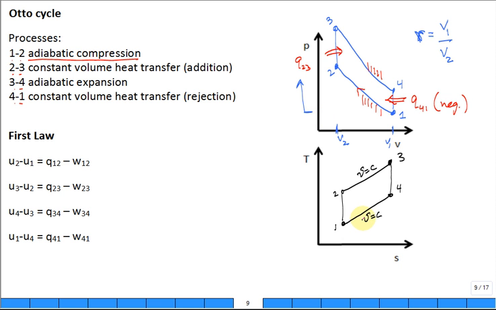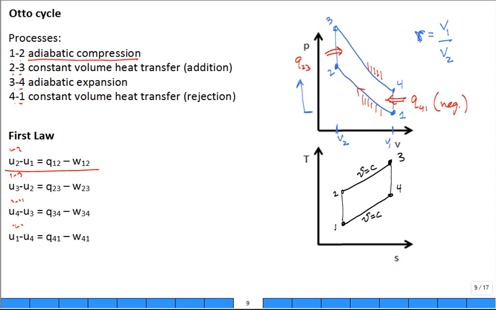Now, if you want to, you can remind yourself that Q in from 2 to 3 and Q 4 to 1 is a negative in. Well, we write the first law of thermodynamics for each of the processes from 1 to 2, from 2 to 3, 3 to 4, and 4 to 1. Have I written the first law correctly? Do you understand the notation?